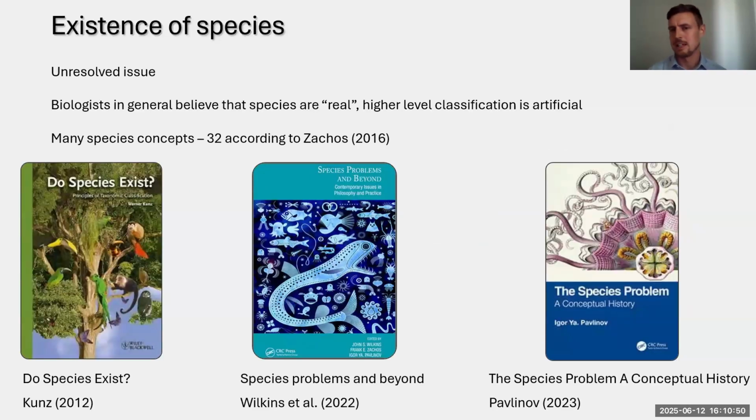Now, before I get to the challenges or issues of the taxonomy of fungi, I would just like to mention the species problem, as it's called: the question about the actual existence of species, or if not existence, then at least the proper way to define them, how to define the species category.